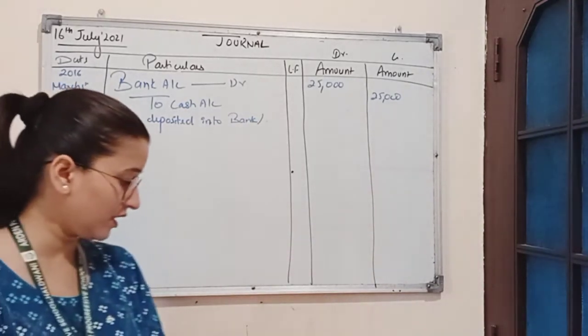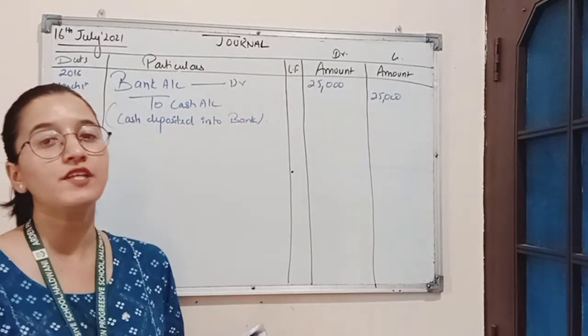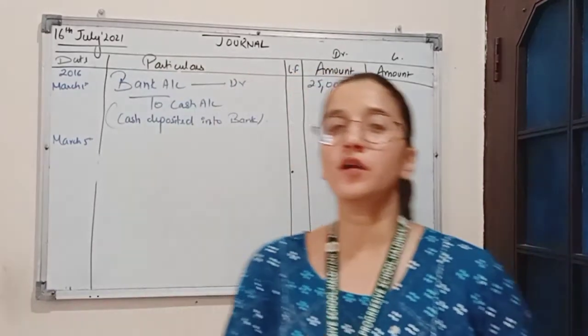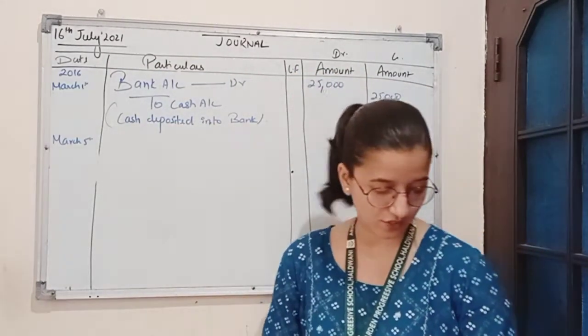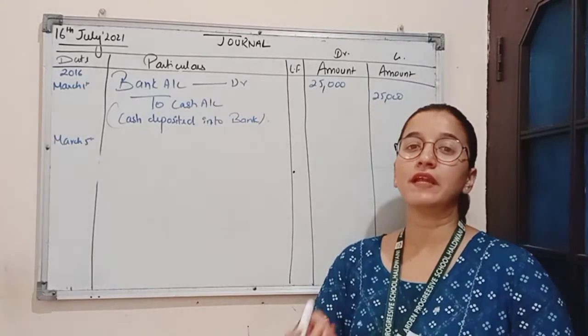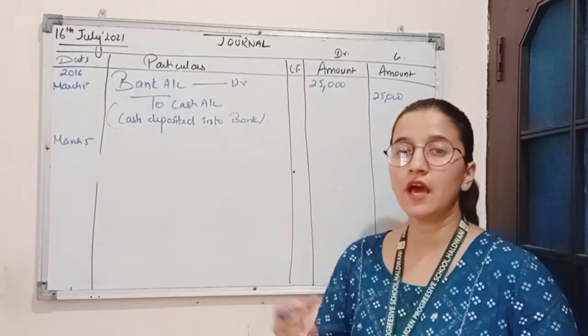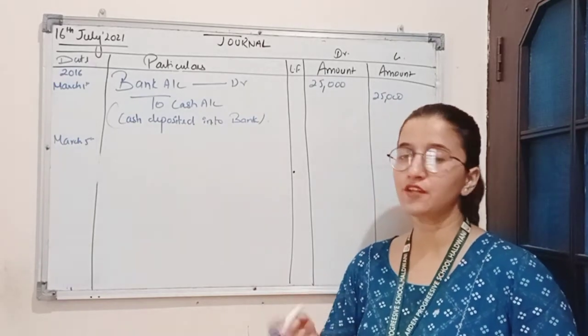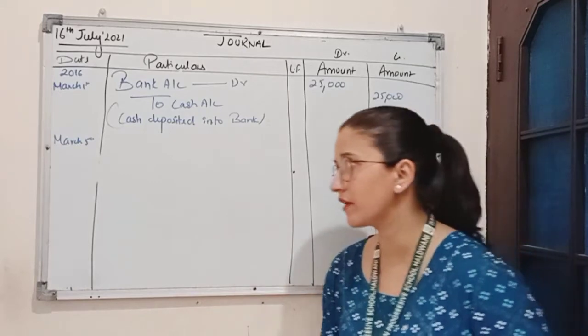Now next transaction is on March 5th. And the transaction is goods purchased and payment made by check. Now it is not mentioned in the question that the goods have been purchased on cash. So whenever the amount is paid by check, we will write bank account. When the payment is made by cash, we record cash account. By check, we will record bank account.